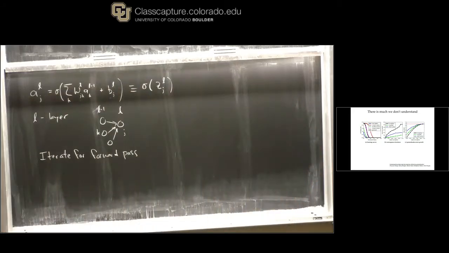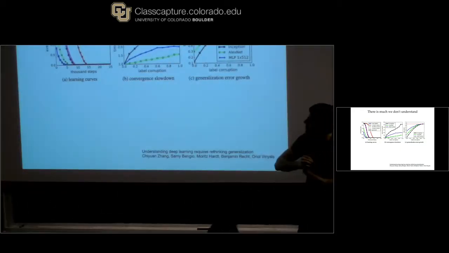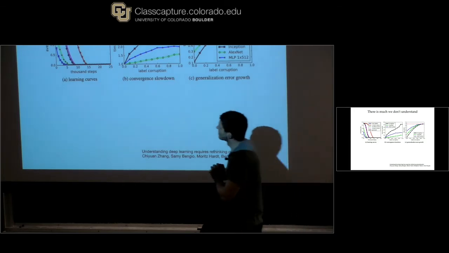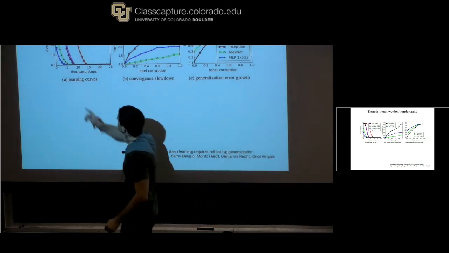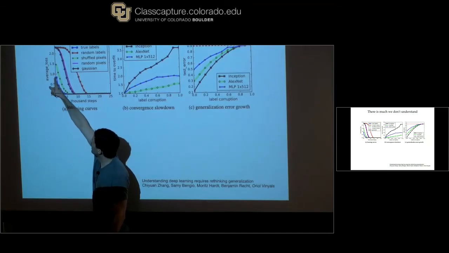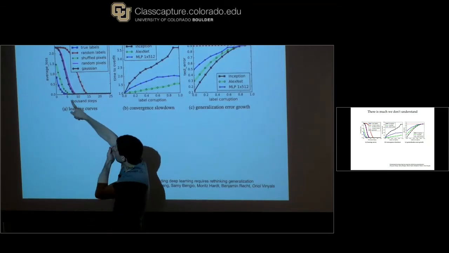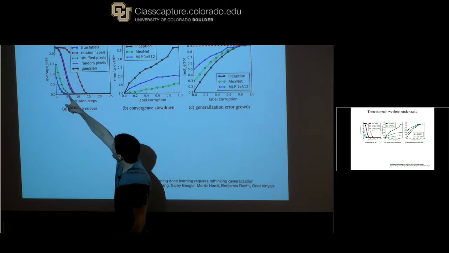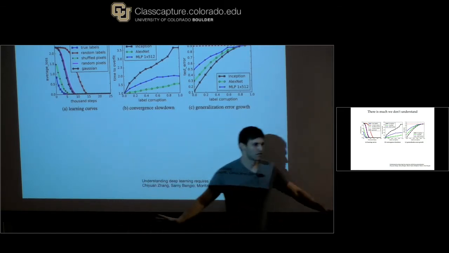So what this paper did is exactly that experiment. They took a simple image recognition task and shuffled the labels or not, and they did different things. The first step is to just take the true labels, which are in blue, and you look at the loss, and it goes down to 0 very quickly, and you fit the training data perfectly.